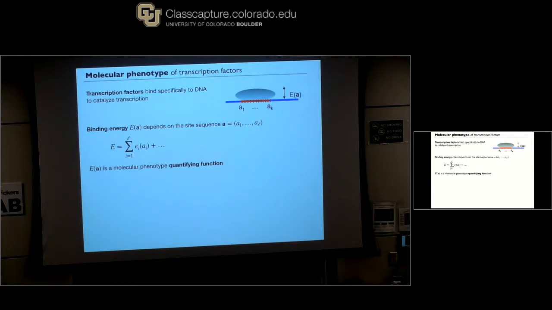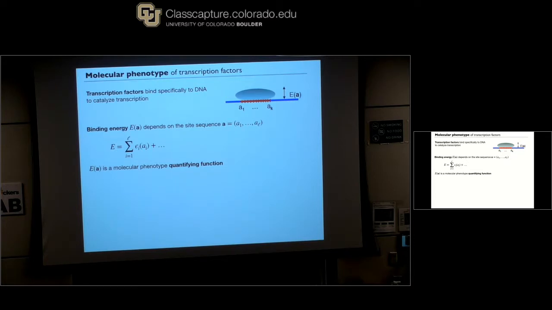What defines the fitness of the transcription factor binding site is how well it binds to the transcription factor. So there's a quantity you can characterize and measure: the binding energy, or affinity, of this interaction. We will call these molecular features molecular phenotypes.